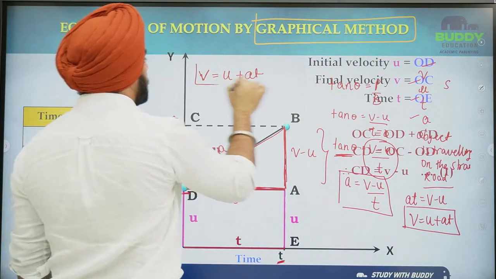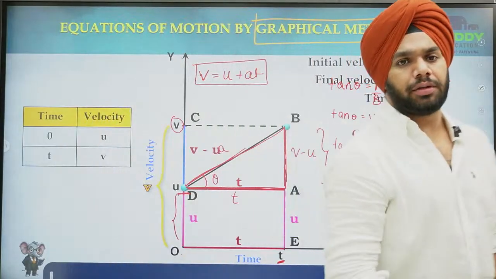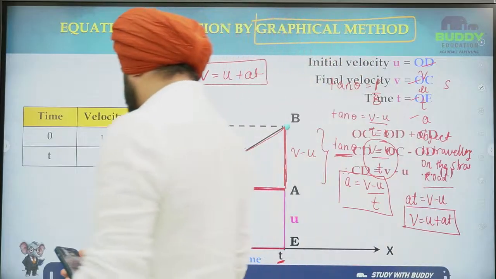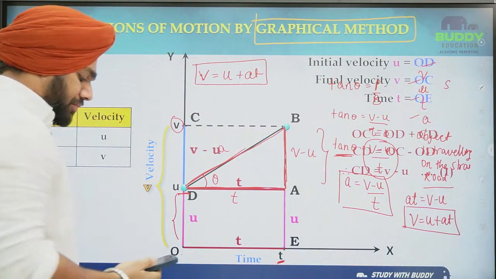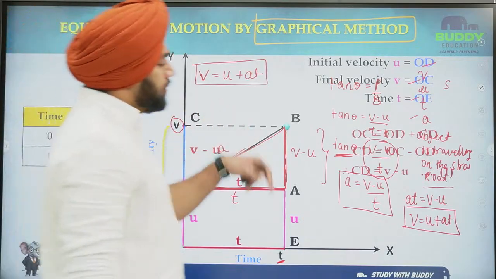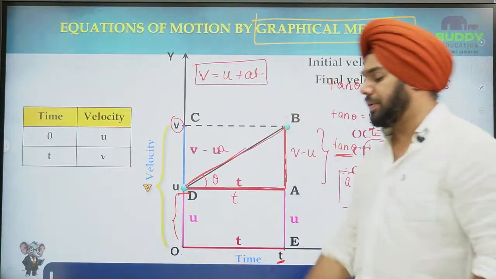Let us come to the next part, the second equation of motion, right? So I hope this topic is clear: v minus u upon t is equal to a, or v is equal to u plus at.